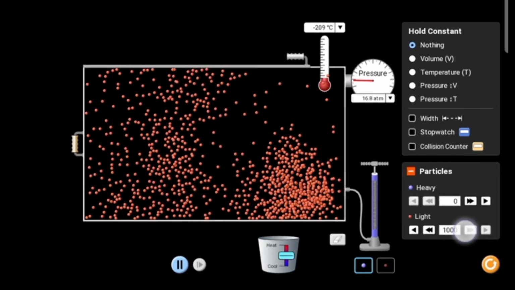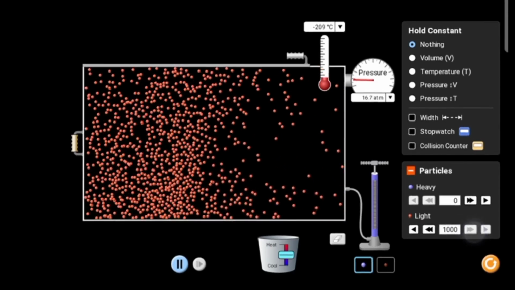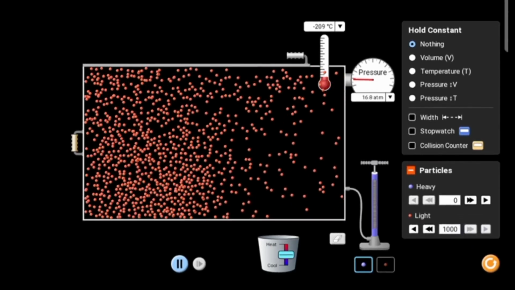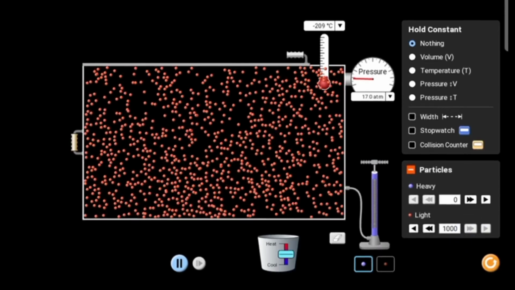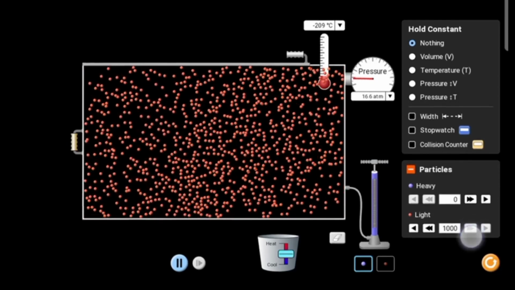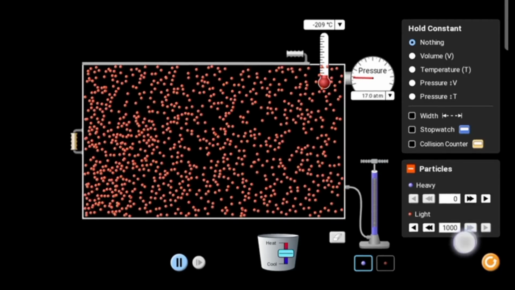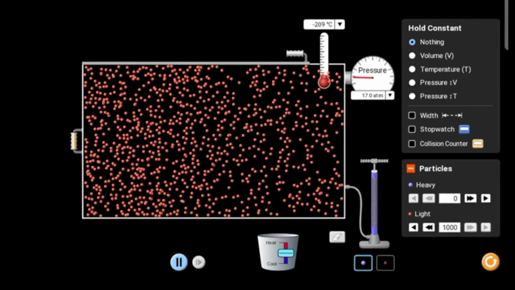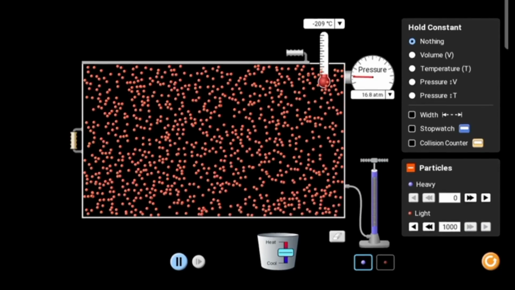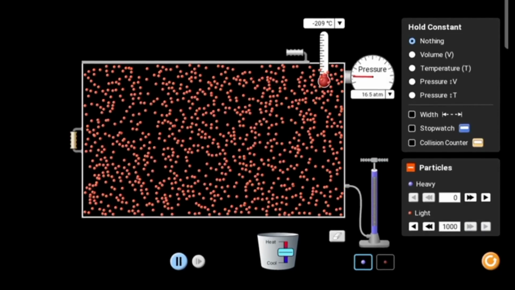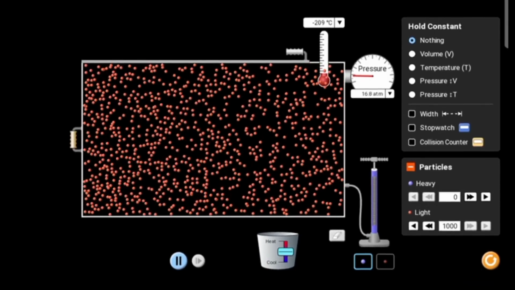So if it fills up all, then the volume of the gas is equal to the volume of the container. It is one of the gas properties. No, 1000 is the maximum. So, okay. Then, next, should we look at the gas laws?